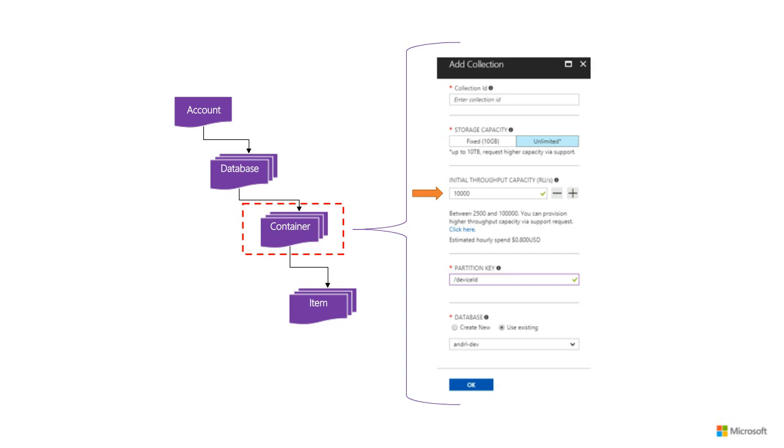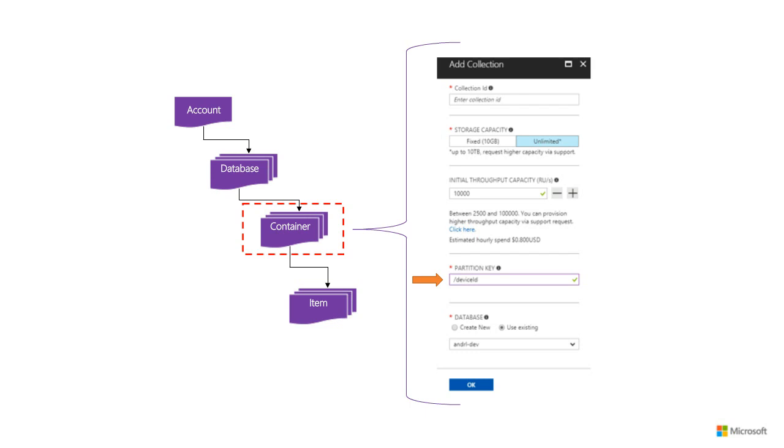Once you've provisioned a set amount of starting compute units, which you can scale up and down at any time, we'll also ask you for a partition key. This is going to be a very, very important concept in Cosmos DB. And if there's nothing else you take away from this talk, please pay attention when we get into the partitioning side of the story.